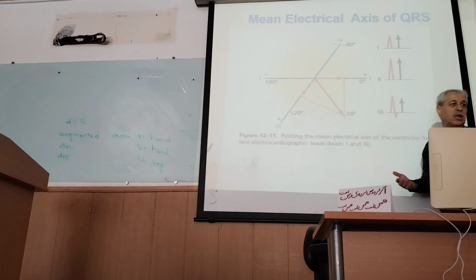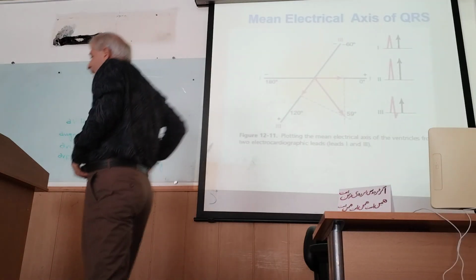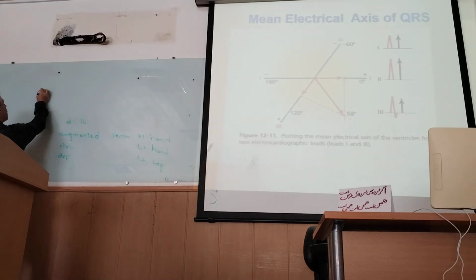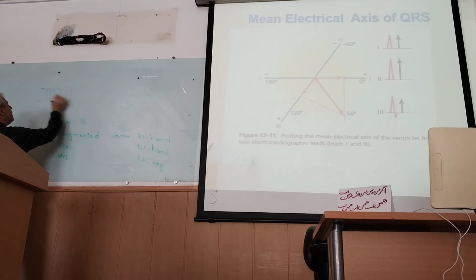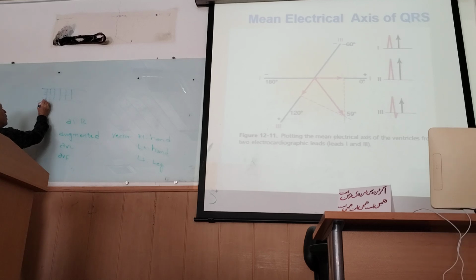Okay, using a ruler. But in the clinic, do we also use the same? You see, in the clinic, we will see the ECG paper. The ECG paper is a scaled paper, which is divided into 5 smaller squares. This is the scaled paper. Each square equals 1 millimeter by 1 millimeter.